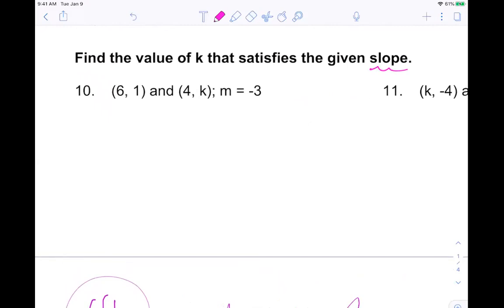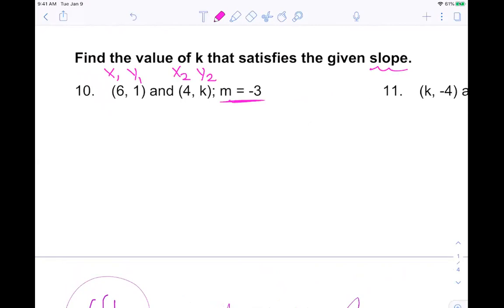Well, I have an x1 and a y1. My second point would be x2, y2. So that k value is representing my second y. And then we're given the slope. So our goal is to figure out k. Instead of finding slope, now we want to figure out this k value. How do you think you would do that?